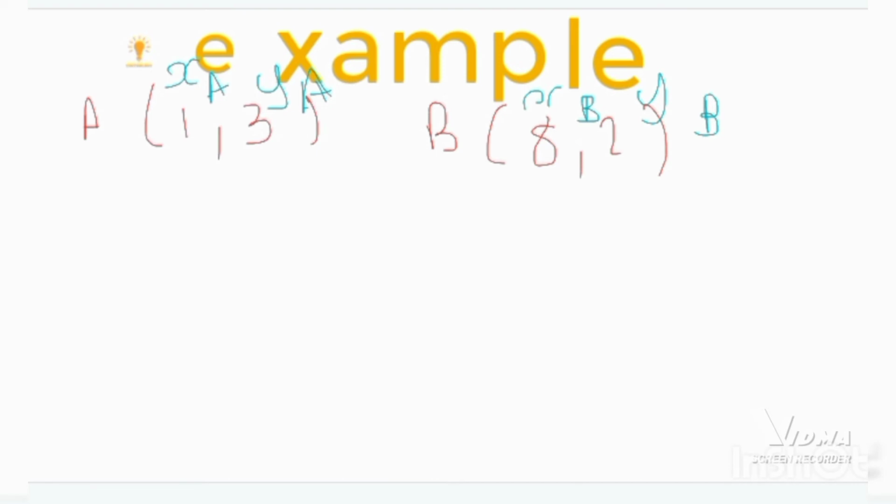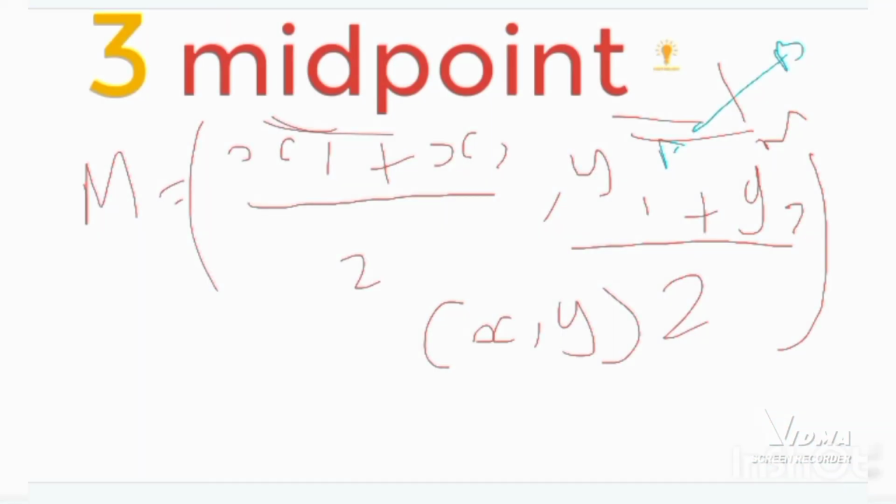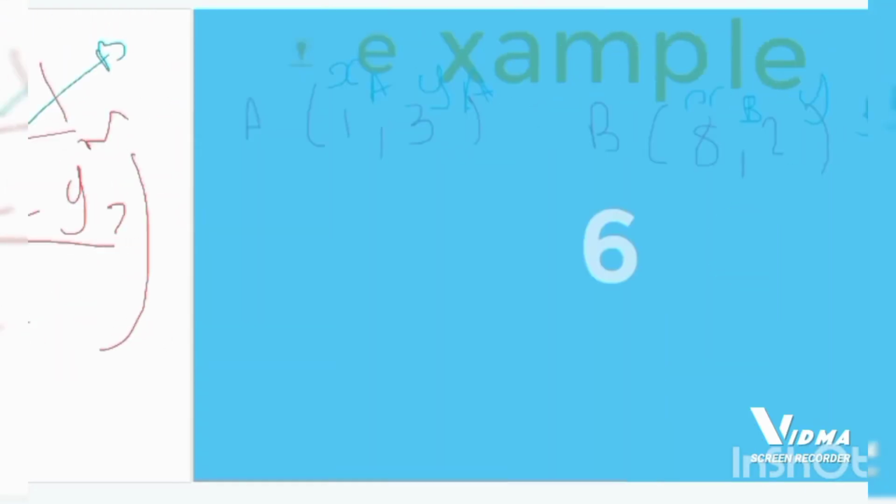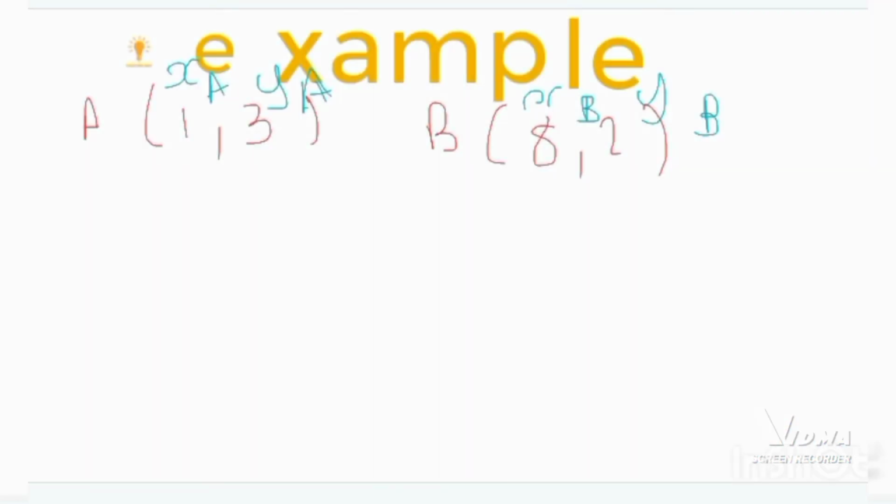So the formula goes as M is equal to x1 plus x2 divided by 2, point, y1 plus y2 divided by 2. So let's substitute our points into the formula.